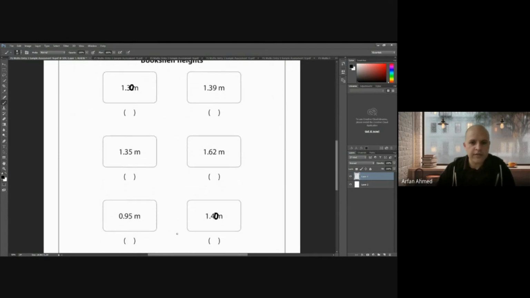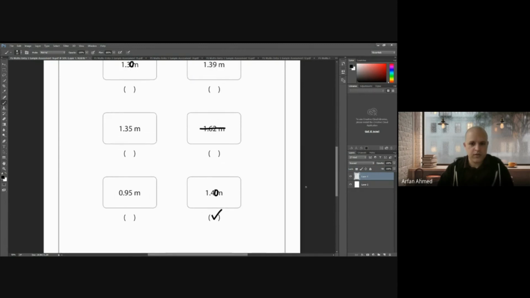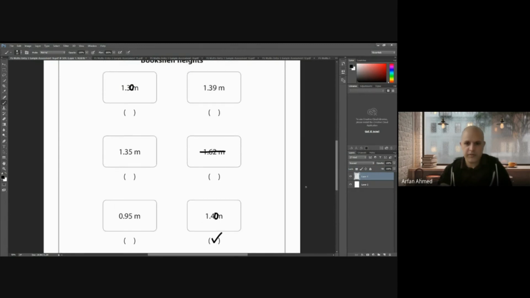It has to be less than 1.43, so we can rule that one out definitely. I reckon it's this one. That's the tallest one we can fit. I'll just make sure. Yeah, that's the biggest one we can fit, definitely.